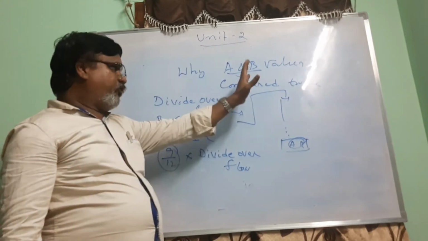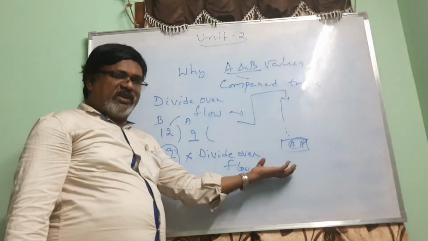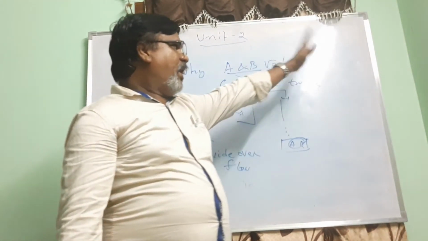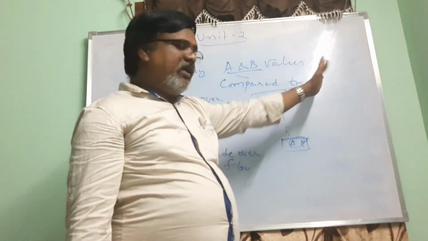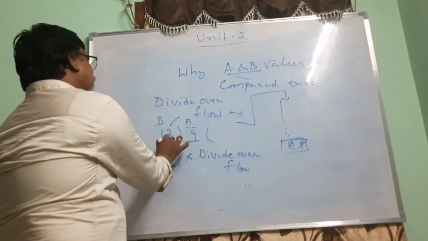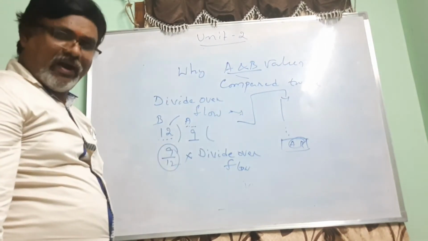That's why in the first part of the flowchart, I initially checked whether there is a divide overflow or not. If no divide overflow, only then do we go to the second part. If A is less than B in the initial step itself, we cannot perform any division.